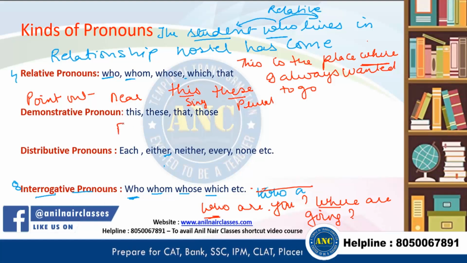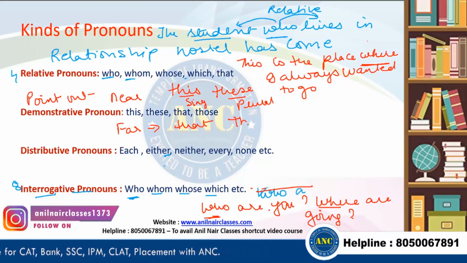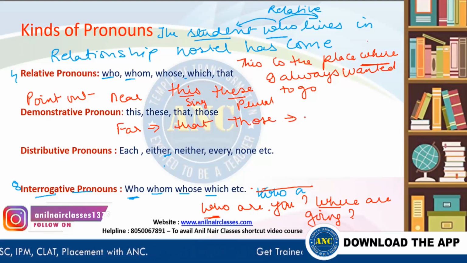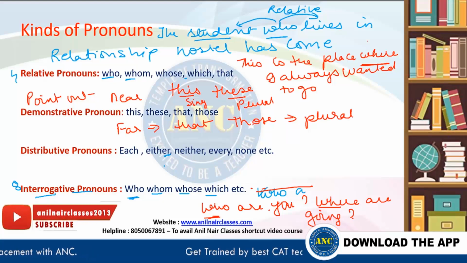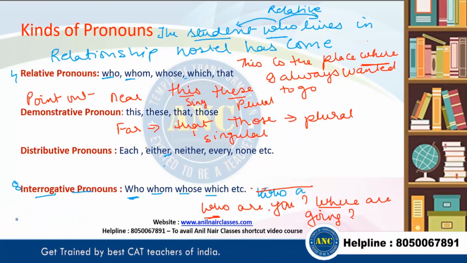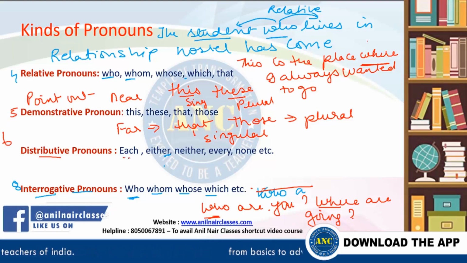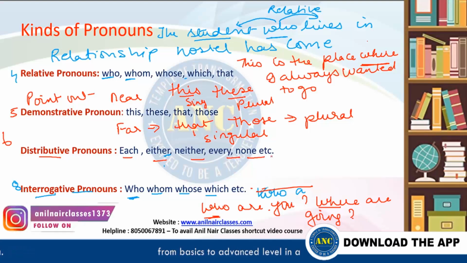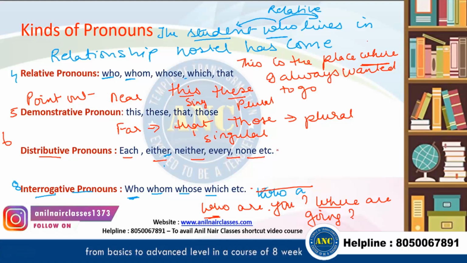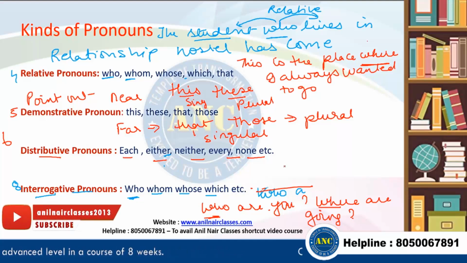Then if you're talking about far away things, we use that and those. Those is the plural form, whereas that is the singular form. And then we have distributive pronouns, the sixth one, like each, either, neither, everyone, none, etc. These are the distributive pronouns where we distribute things, right?